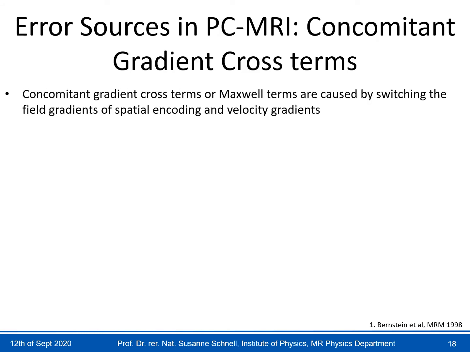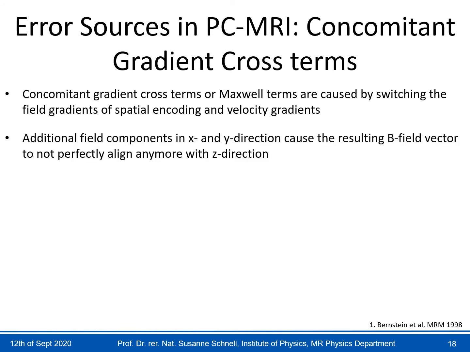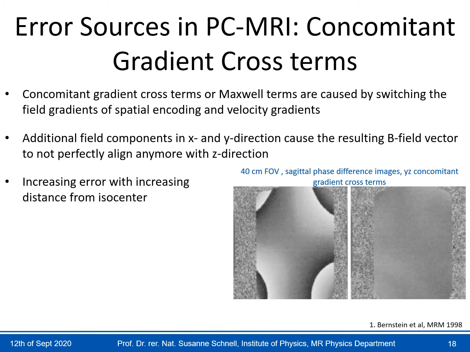There are also concomitant gradient cross terms, also often called Maxwell terms, that are caused by switching the field gradients of spatial encoding and the velocity gradients. These are additional field components in X and Y directions that cause the resulting B field vector not to be perfectly aligned anymore with the Z direction.